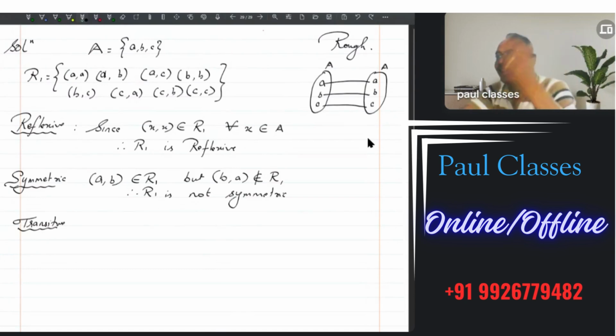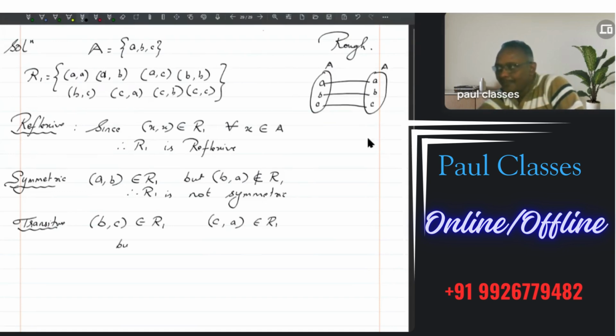ठीक है ना. So now what was the thing that I got? I forgot. कहाँ से था? (b, c) and (c, a). हाँ. Now I'll write down that example. (b, c) belongs to R1, (c, a) belongs to R1, but what do you say? (b, a) does not belong to R1.